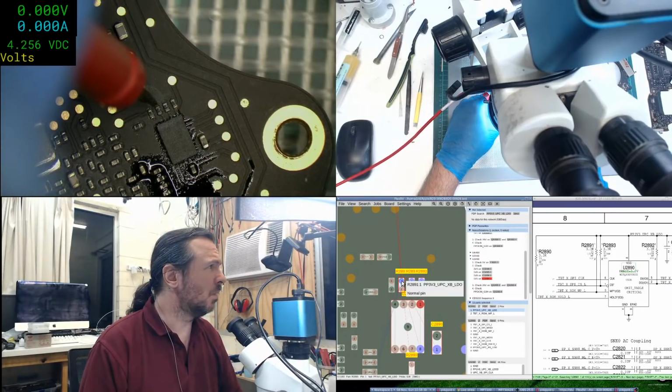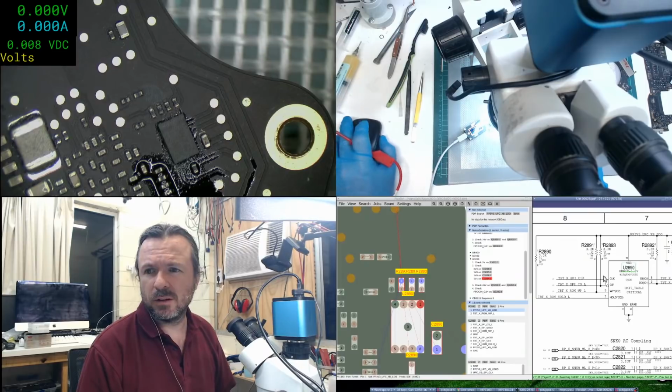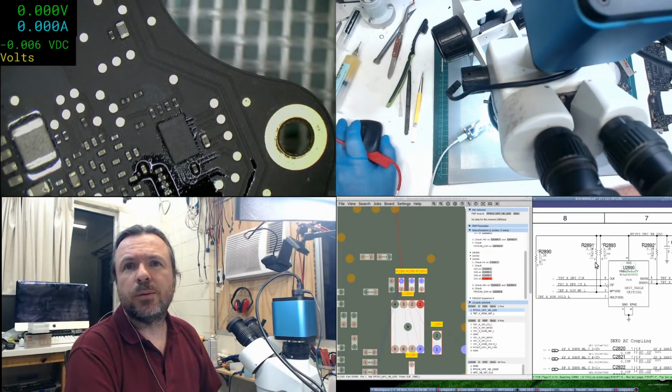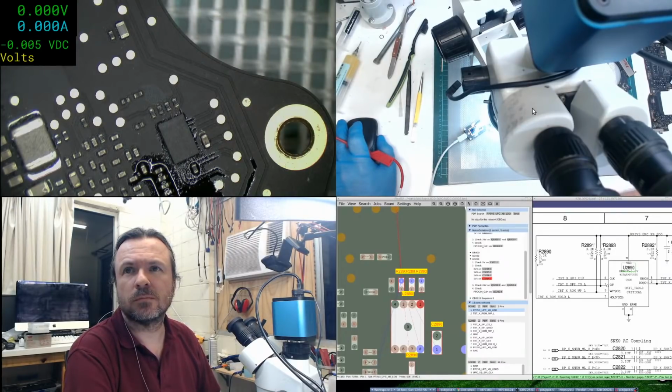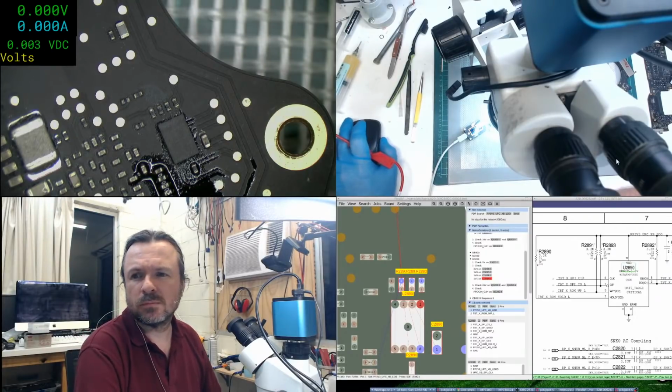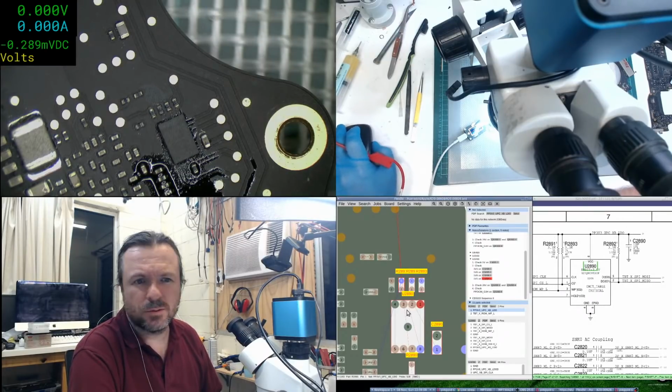Wait, why am I reading 4.2 on what's supposed to be a 3.3 line? This here, see it says 3, well let's try pin 8.